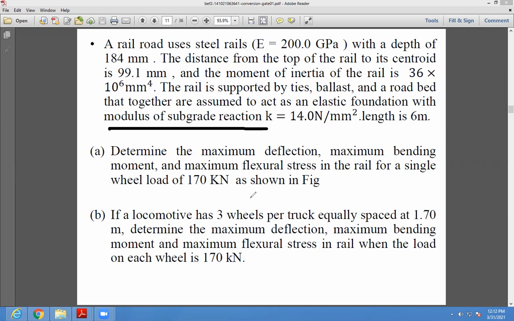Length of beam, or length of foundation, is 6 meter.